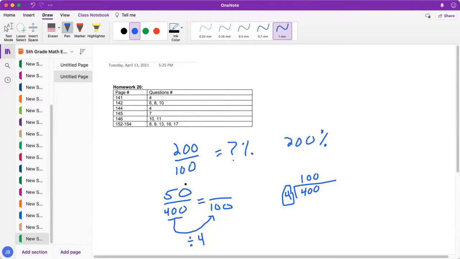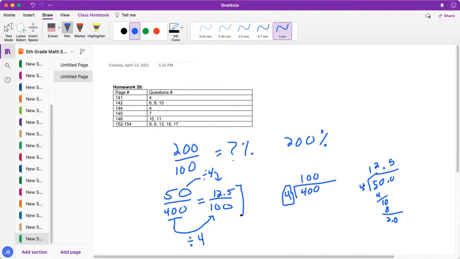And so now we can do 50 divided by 4. So if we do 50 divided by 4, we get a 1, and then we get a 2, and then we get a decimal. And so we get about 12 and a half. So now we would have 12.5.